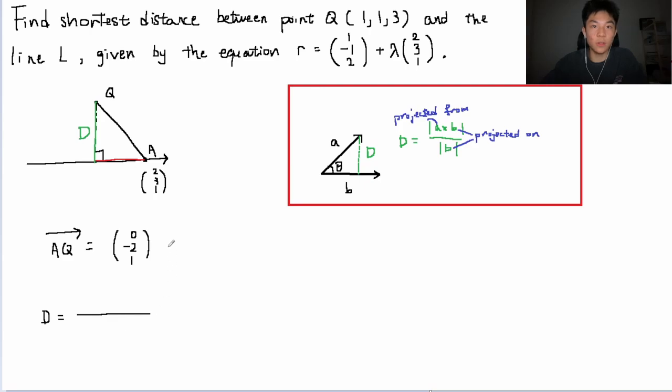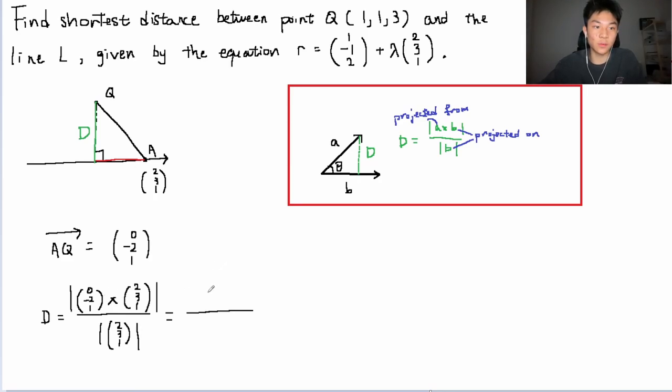Our distance D is going to be equal to A, which is AQ, so it'll be (0, -2, 1), cross B, which is our direction vector (2, 3, 1), and that's over the magnitude of our direction vector (2, 3, 1). Now we can find our cross product, which is going to be (-1, 2, -4).